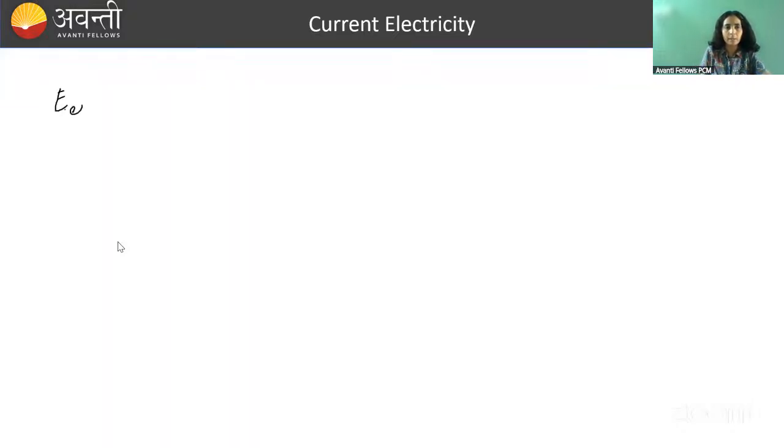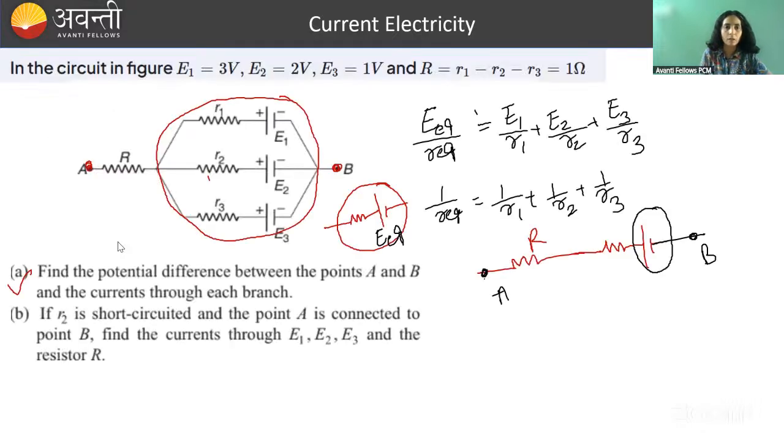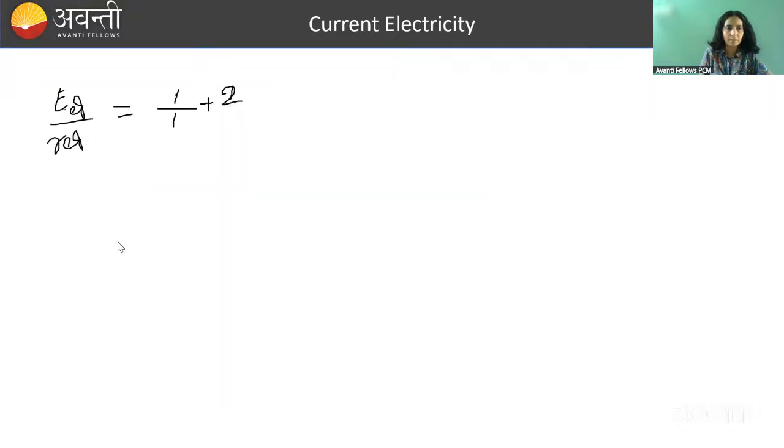E equivalent by R equivalent will be equal to E1 by R1, that is 3 by 1, plus 2 by 1, and then 1 by 1. So this is 6. What will be the 1 by R equivalent?